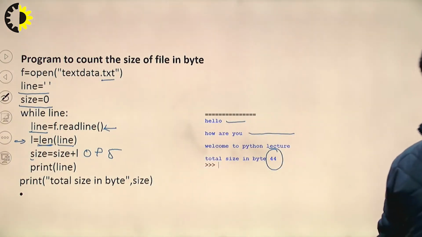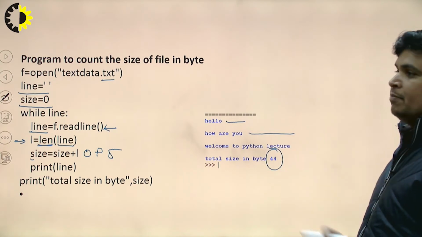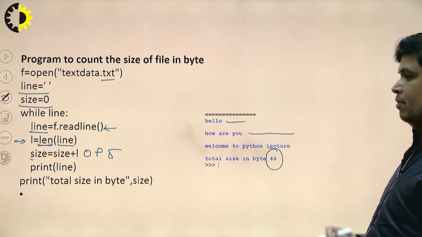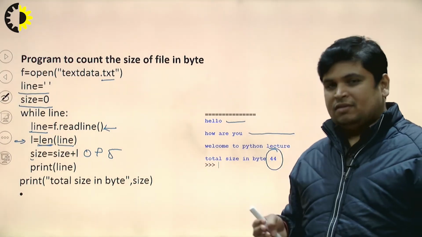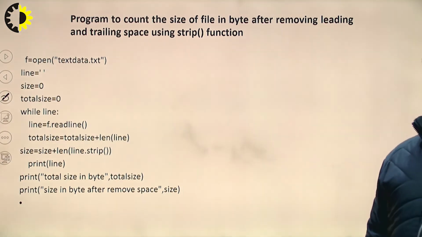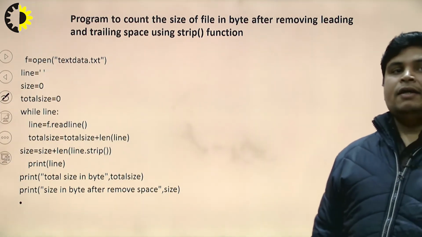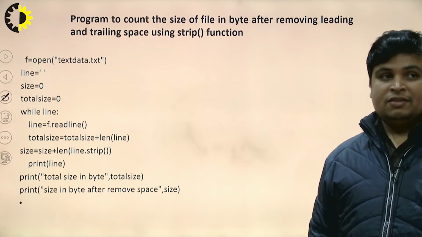bytes. But this code contains the leading and trailing space of the file, because leading and trailing spaces are invisible spaces. Now, program to count the size of file in bytes after removing leading and trailing space using the strip function.